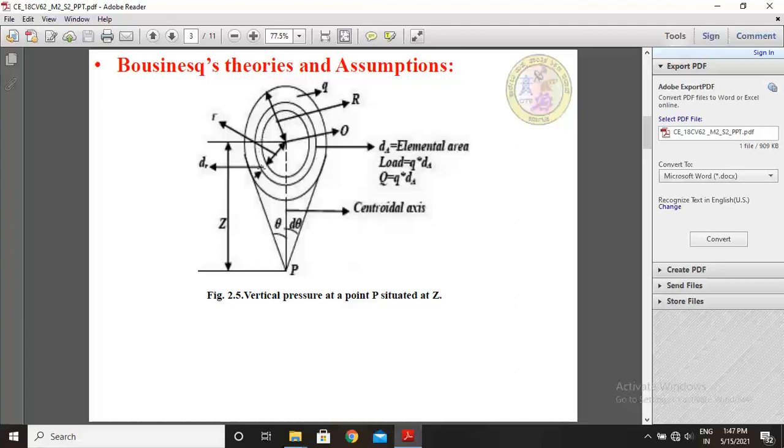Here, this is the circular area of radial distance small r, and here to here this is the elemental area dA, and from here to here this is capital R, the radius of the circular footing, acting at a depth z in meters, and this distance is nothing but dr. This is the centroidal axis. This is point P to calculate sigma z, that is vertical stress at a depth of z at a point P, acting at an angle theta, and this is d theta.